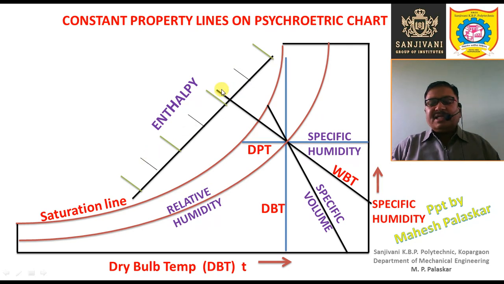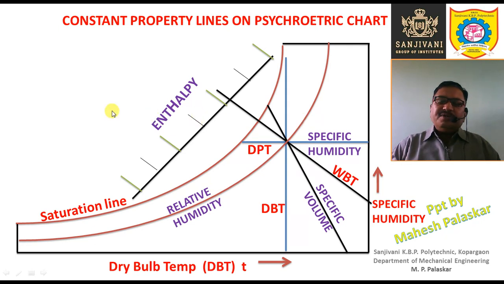This enthalpy scale is generally perpendicular to the constant wet bulb temperature line, right? So this is the psychrometric chart with the various constant property lines and properties, which we studied previously in the previous video.